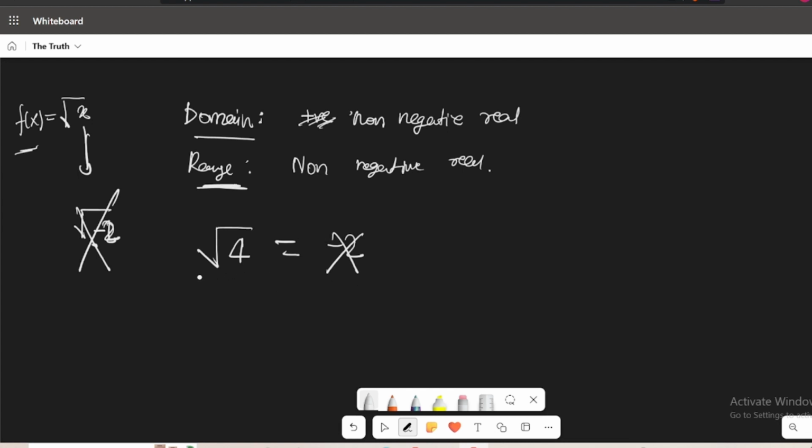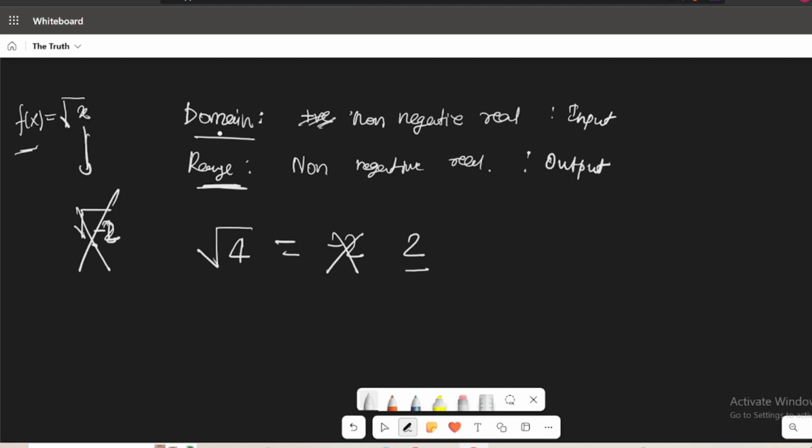So this is our thing. Under root of 4 is equal to how much? It's 2, because the acceptable answer is what comes in the range, and in the range minus 2 cannot be included. Domain is also known as input and range is also known as output.